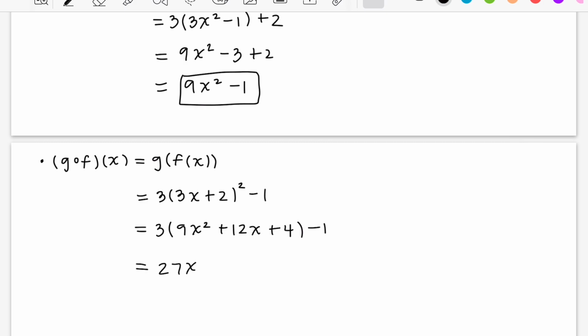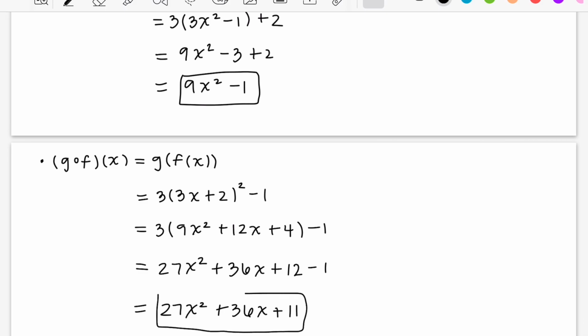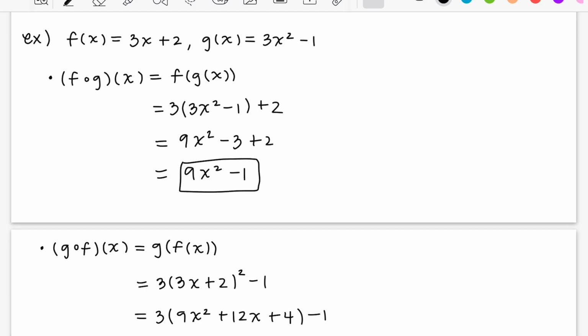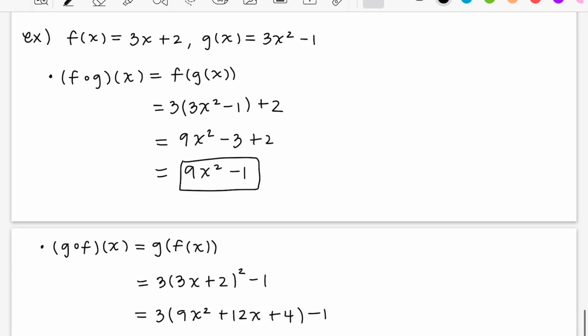We'll get 27x squared plus 36x plus 12, and then minus 1. So our final answer will be 27x squared plus 36x plus 11. All right, so not too bad, just making sure that you plug in the entire function wherever you see an x. We're evaluating the functions at another function.